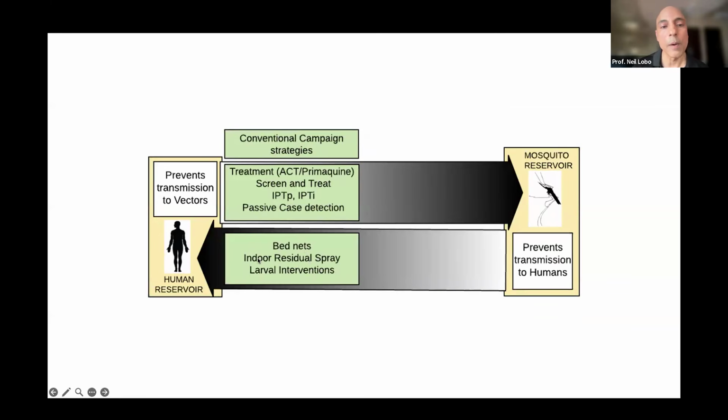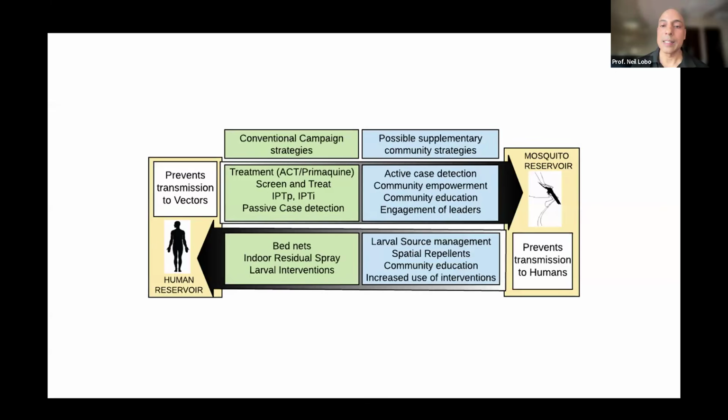Complementary to this, and I would actually suggest people look at this, especially in ministries of health, are supplementary community-based strategies, strategies from the community where you can do active case detection, or very importantly, community education, or SBCC, social behavior change communication, engagement of leaders, not just in villages, but also religious leaders and things like that.